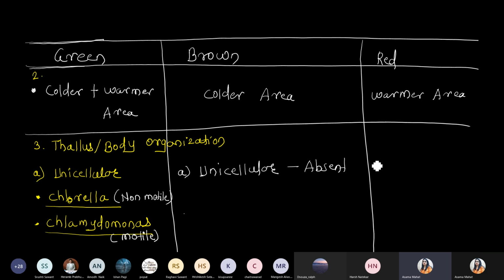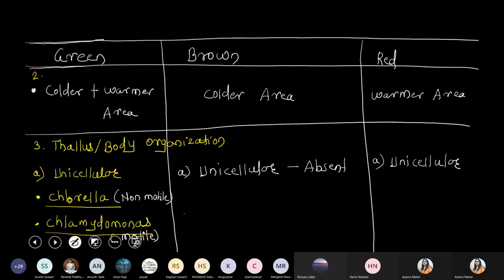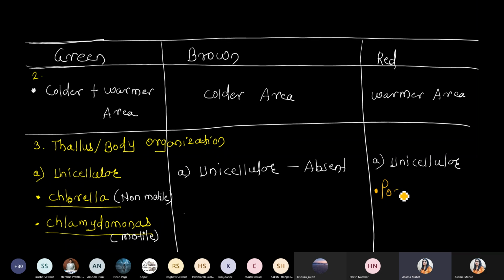And another condition with respect to red algae, we are taking example for the unicellular, and one example for the unicellular, that is Porphyridium.